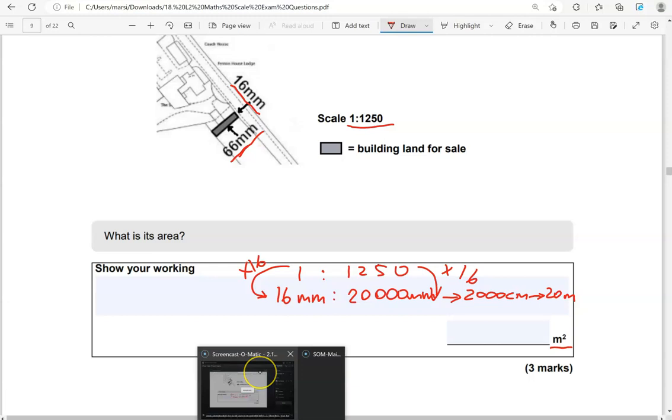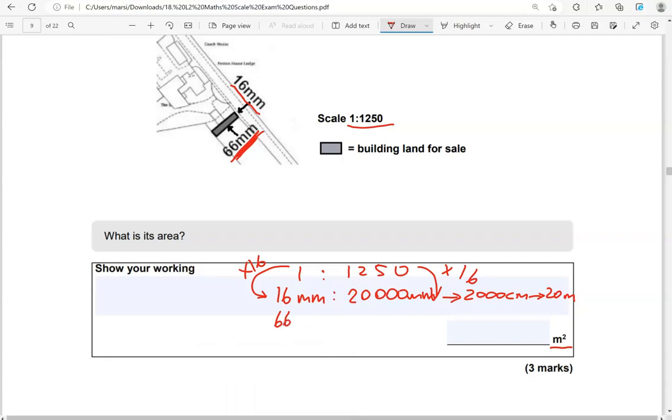Now we've got 66 millimeters there, the length. How do we get from 1 to 66? By multiplying by 66.